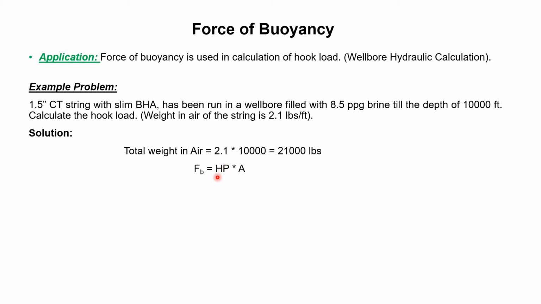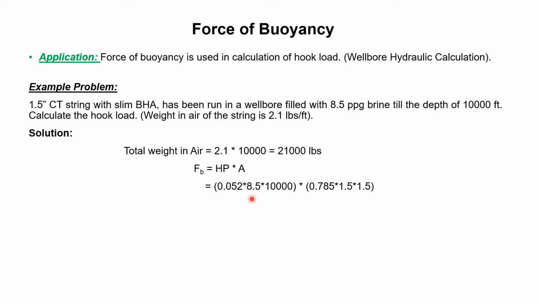The second step is to calculate the force of buoyancy, which, as we have already discussed, is equal to hydrostatic pressure into cross-sectional area. In this case, the cross-sectional area will be the area of the BHA, bottom hole assembly. The formula of hydrostatic pressure is 0.052 into density into height.